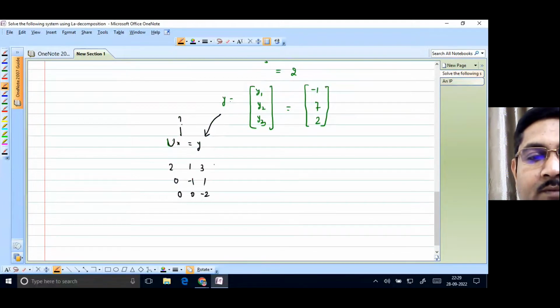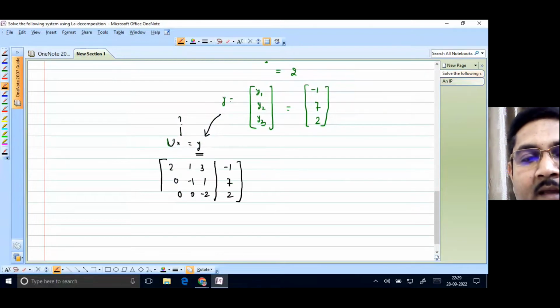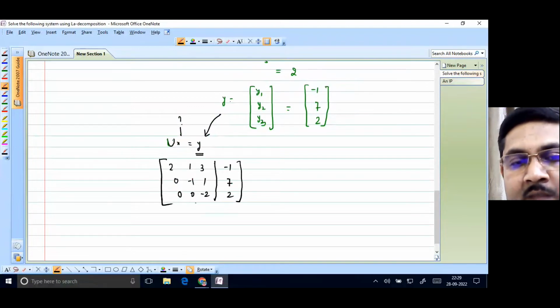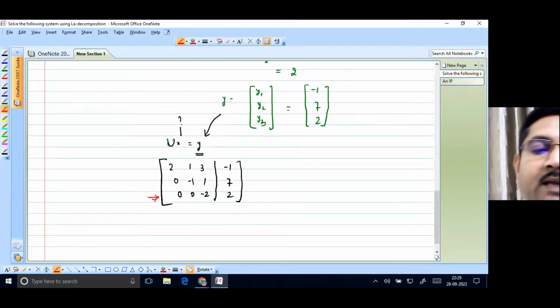The right hand side y is minus 1, 7, 2. So I write the augmented matrix, and now by back substitution I can find the values of x1, x2, x3. I will start from the last line.